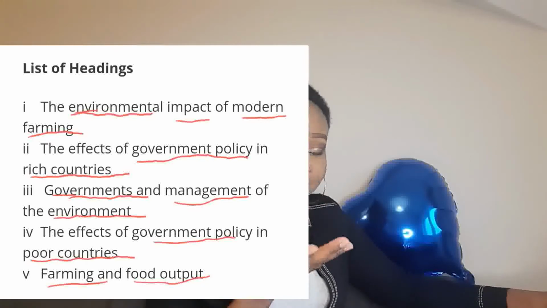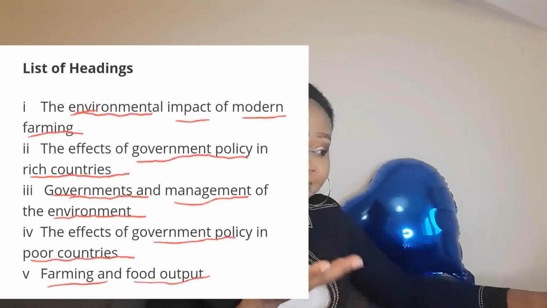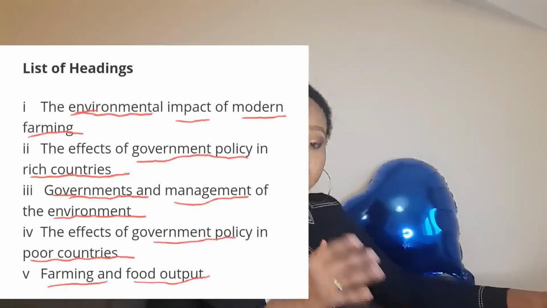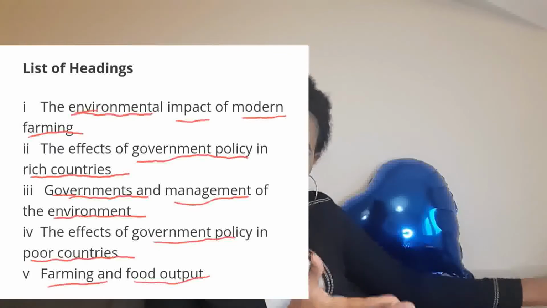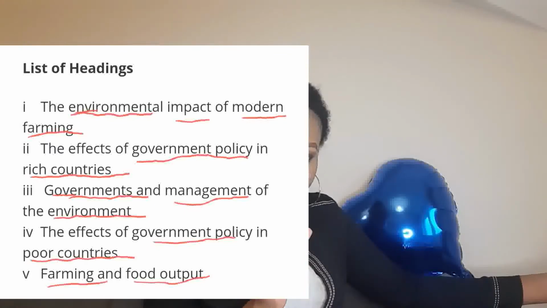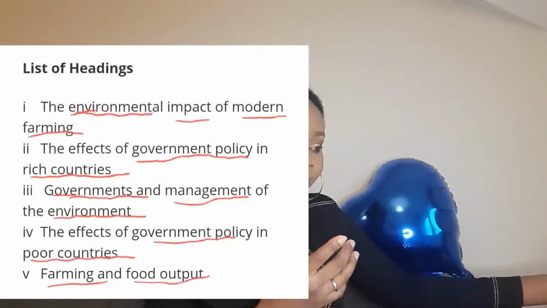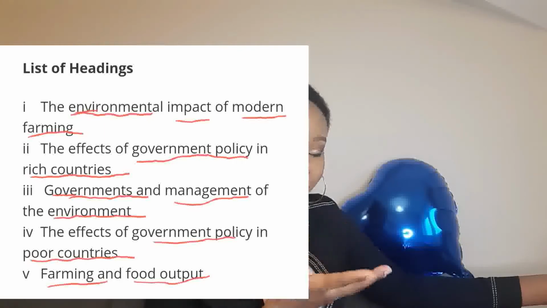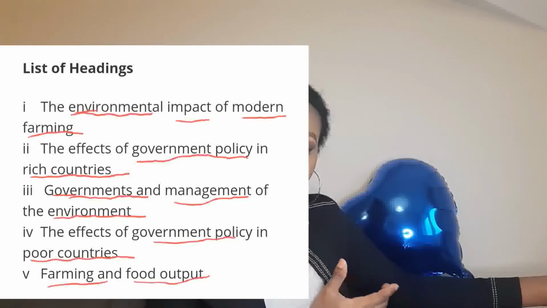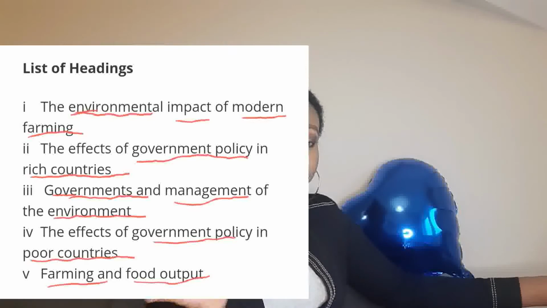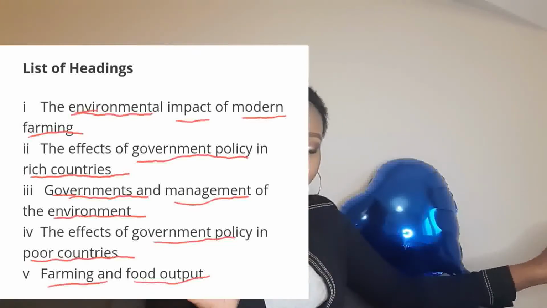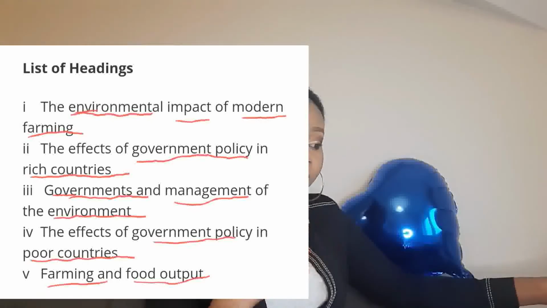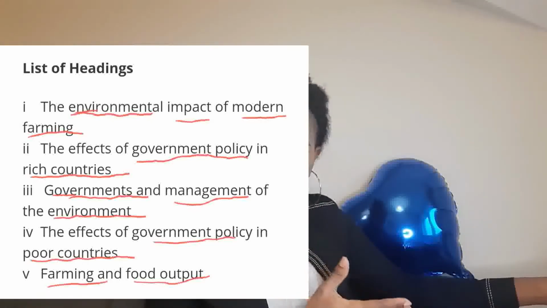The first heading says the environmental impacts of modern farming. So I have keywords: environment, impacts, modern farming. These are my keywords. Now, the effects of government policies in rich countries. These are my keywords. Now, government and management of the environment.